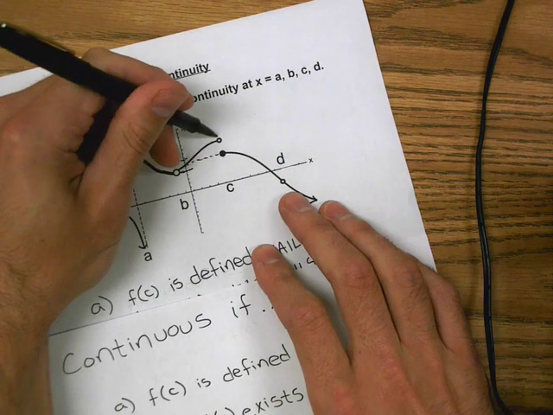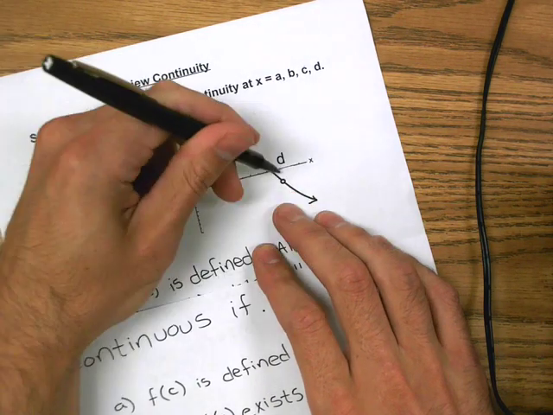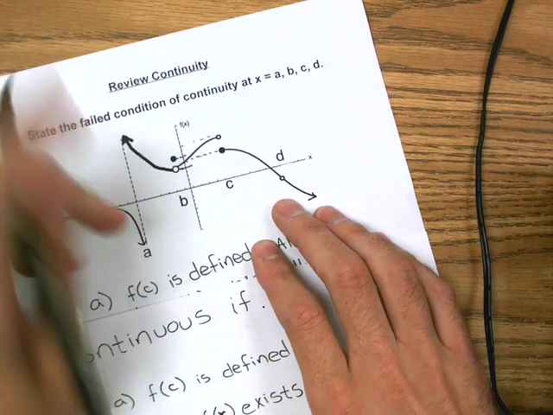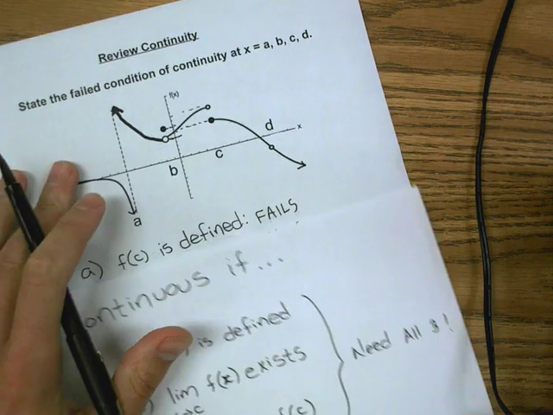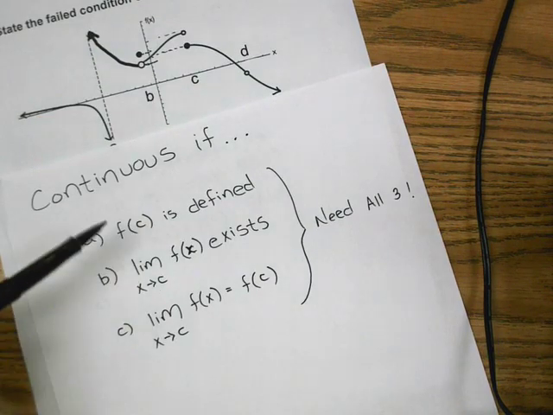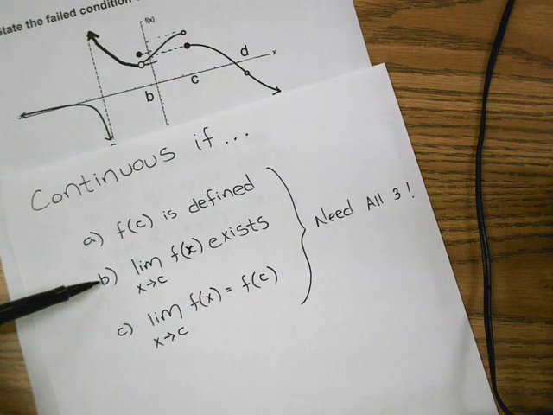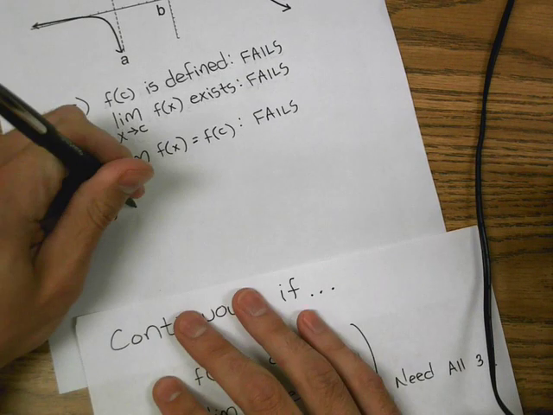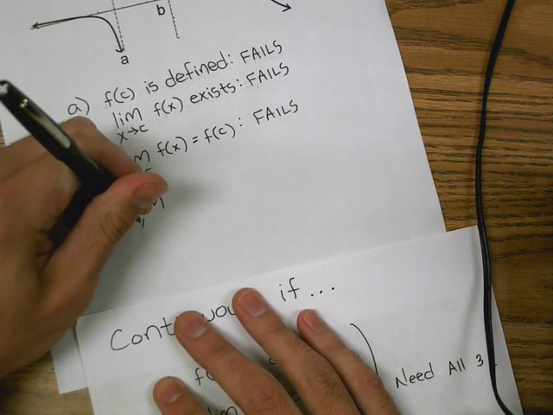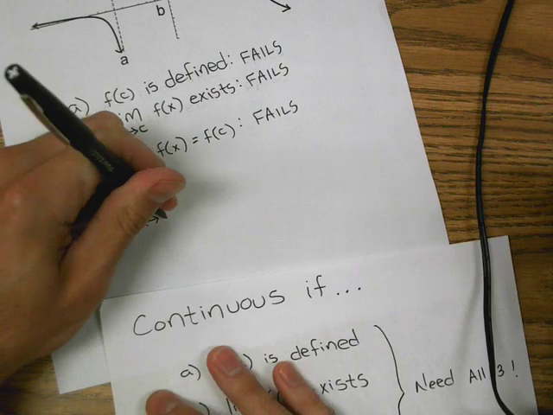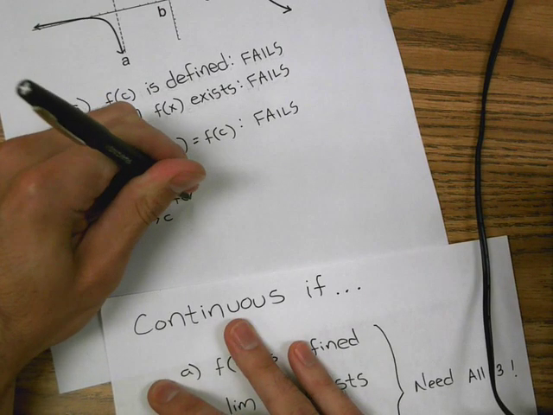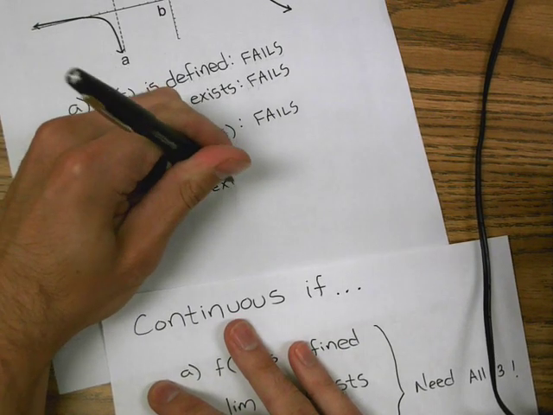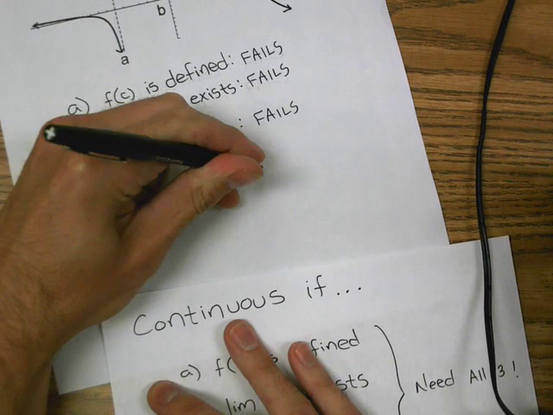If we're coming from the left, we're up here. Coming from the right, we're down here. We're not meeting at the same spot. So the condition that's going to fail us is that the limit does not exist, so it can't be continuous. So I'm going to say limit as x approaches c of f of x exists, that's the condition that's going to fail us.